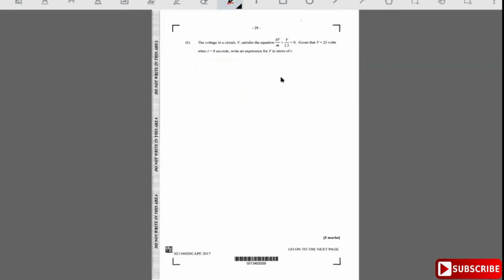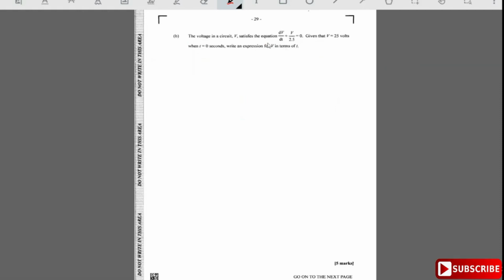Now, this is a differential equations question. It says the voltage in a circuit satisfies this equation. Given that V is 25 when T is 0, write an expression for V in terms of T. So first thing, dV by dt is equal to, I can bring over this part over here to have minus V over 2.5.